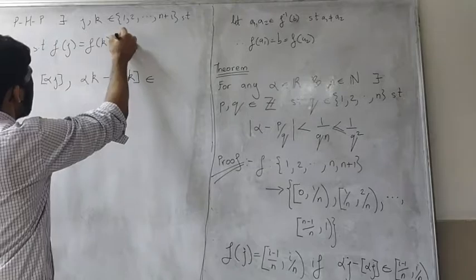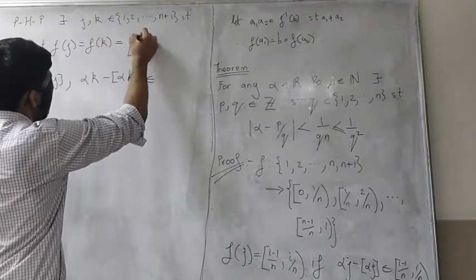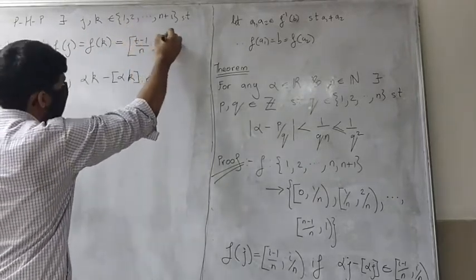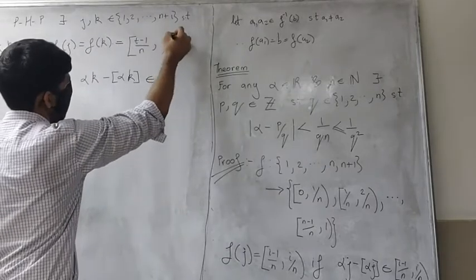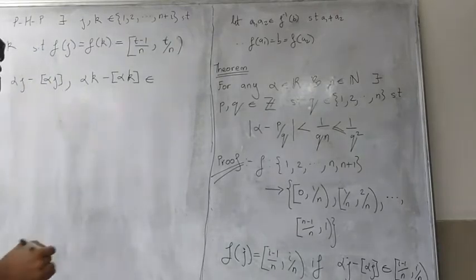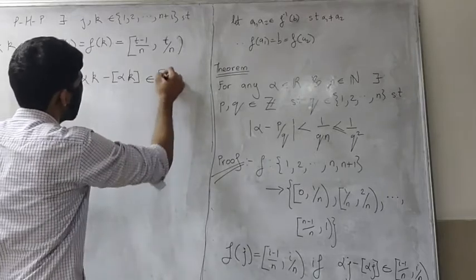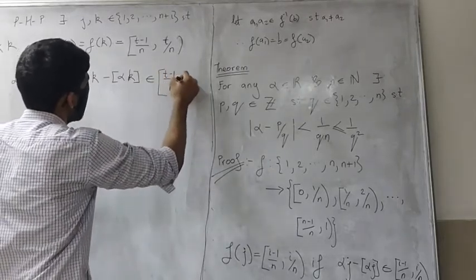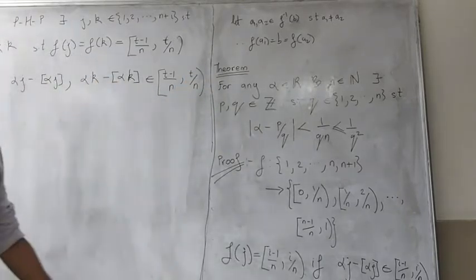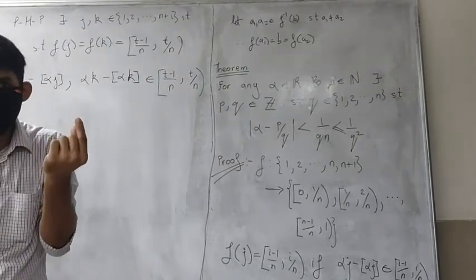Let me call this (t minus 1)/n, comma, t/n, just for some t. So they both lie in this interval of length 1 by n, it means that their distance should be less than 1 by n.